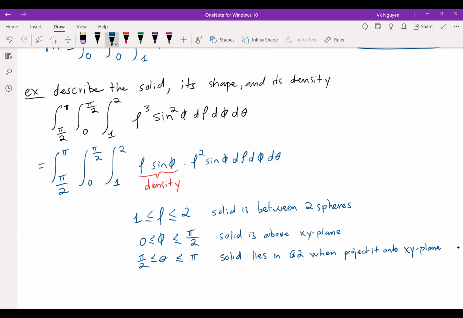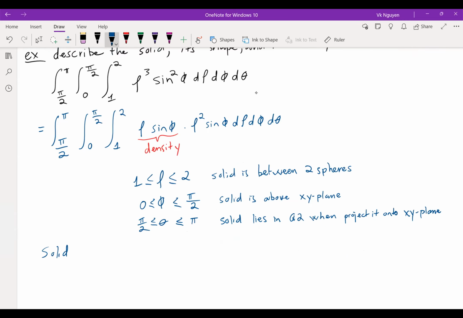So exactly what is the solid here? Solid S is a quarter of the region between the two hemispheres.